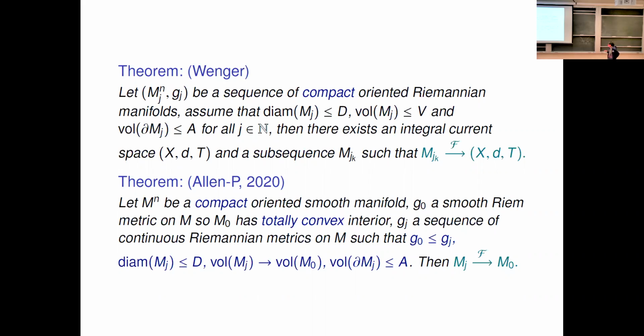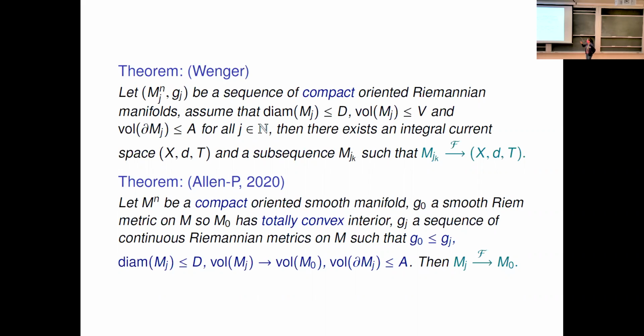Actually, we are going to have a fixed manifold, M. In this fixed manifold, we have a candidate for the limit. So this limit, M0, is going to have a Riemannian metric, G0, and this G0 makes it smooth. And assume that your manifold with this Riemannian metric G0 is totally convex.